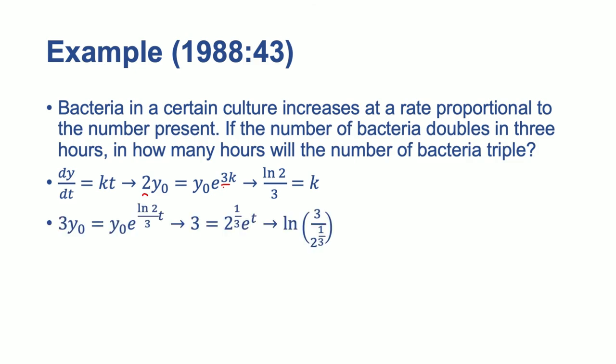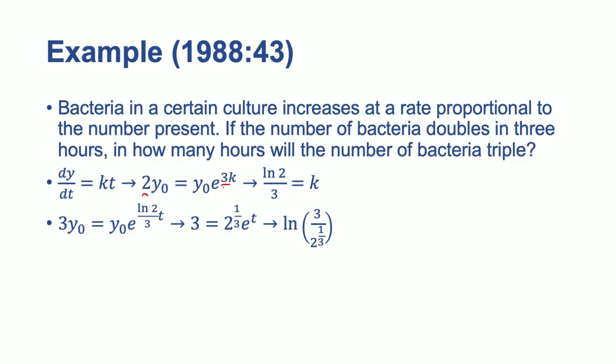Now we want to find when the bacteria triples. So 3 times our initial value is equal to y naught e to the natural log of 2 over 3, times t. And that is our k value, and we're multiplying that by t. We want to solve for t.